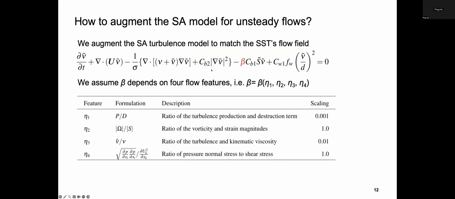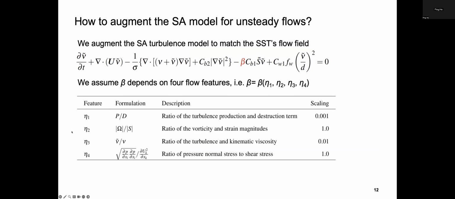Okay, then how do we augment the SA model? The way we do it is a pretty standard FIML strategy. We multiply the SA model's production term by a scalar field beta. This beta is a field variable, and we can further assume that this augmented field beta is a function of some so-called local flow features.